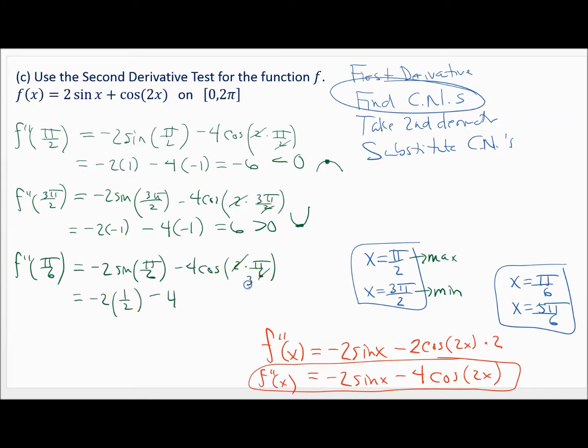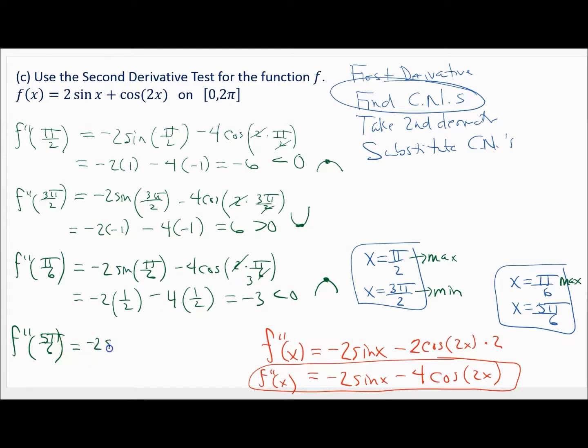These twos cancel, so I'm really calculating the cosine of pi over 3, which is actually 1/2 also. And you've got negative 2 times 1/2 is negative 1 minus 2, which is negative 3. Now what matters is that's less than 0. When your second derivative is less than 0, you're talking about a concave downward situation, which gives us a max at pi over 6.